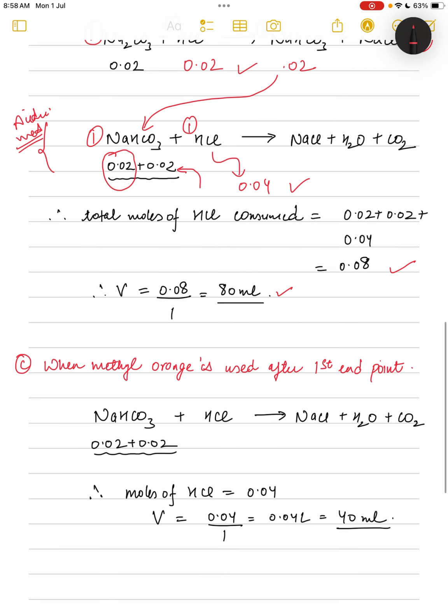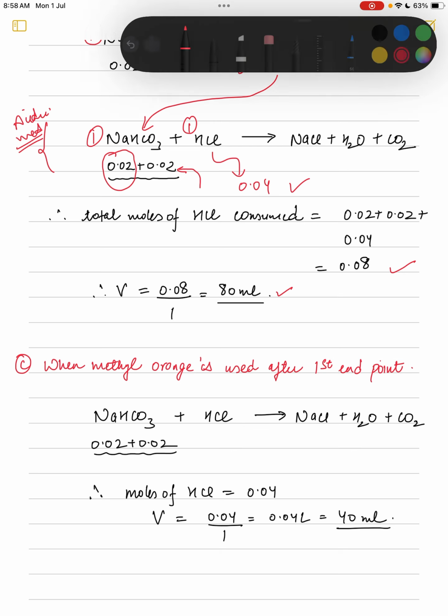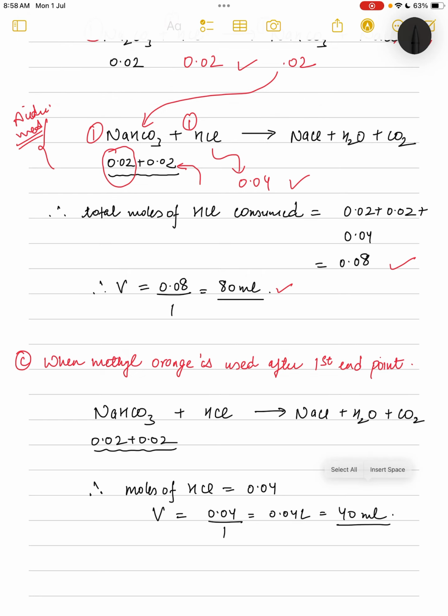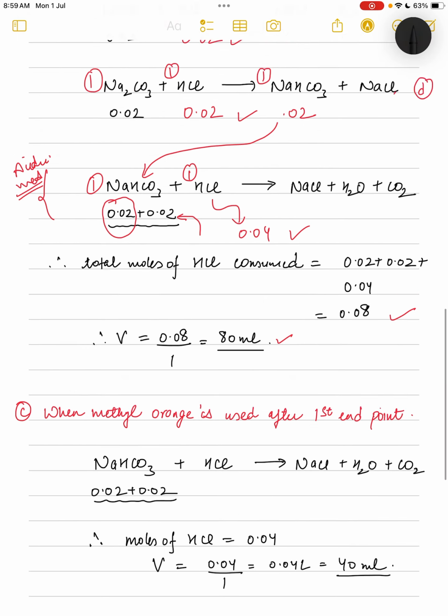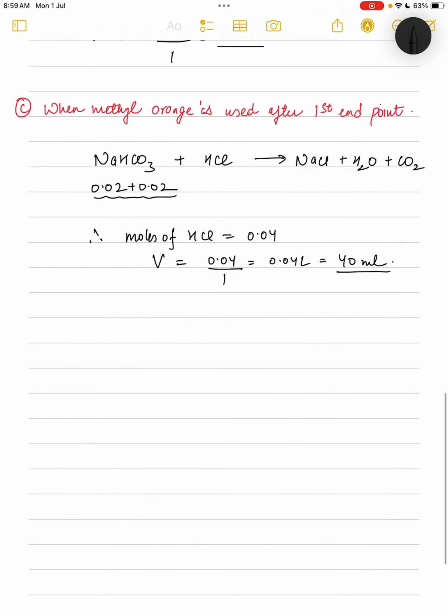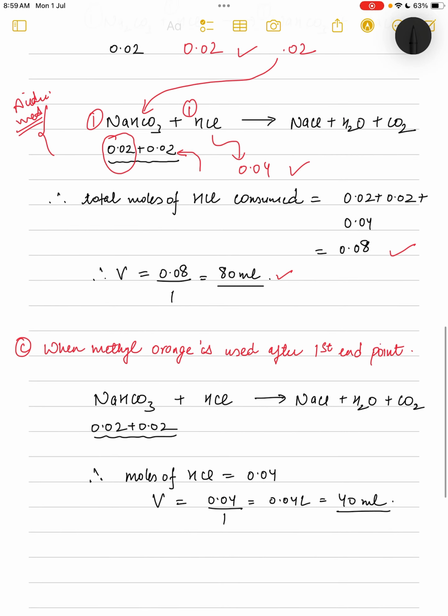The third way is when methyl orange is used after the first endpoint. Now we know what remains in the chemical reaction after the first endpoint. Among the three given components, NaOH, Na2CO3 and NaHCO3, the only component which remains after the first endpoint is NaHCO3.